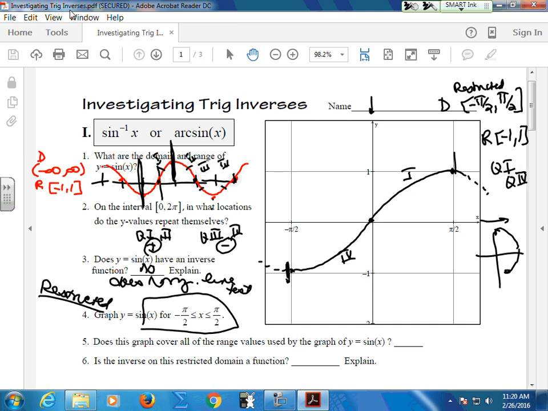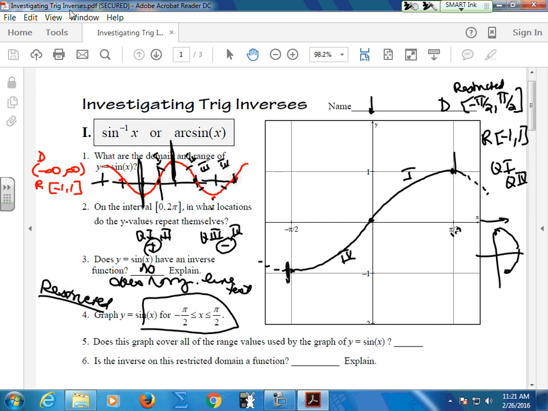Right? So this is nice to see that it actually shows us again, like we did yesterday, where your restriction is. It does want you to sketch the reflection, but I'm not going to have you sketch the reflection, because your y equals x line does not go exactly through these quadrants. Because this is 3.14 divided by 2, so this is like 1.7 something.